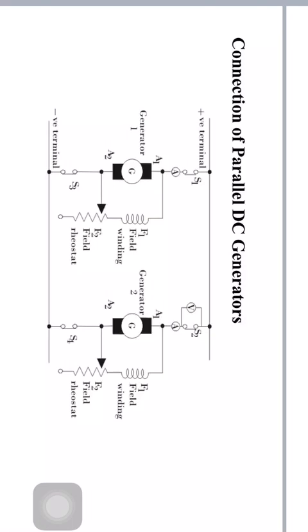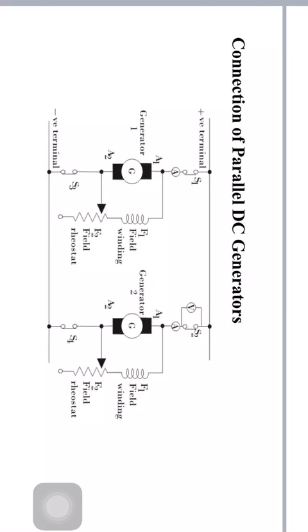Next, circuit breaker 2 is closed, and excitation of generator 2 is adjusted till it generates a voltage equal to the bus bar voltage, and it is indicated by the voltmeter 2, that is for generator 2.